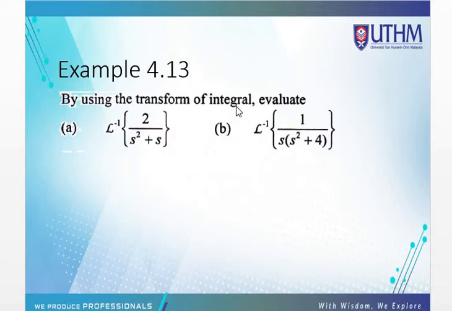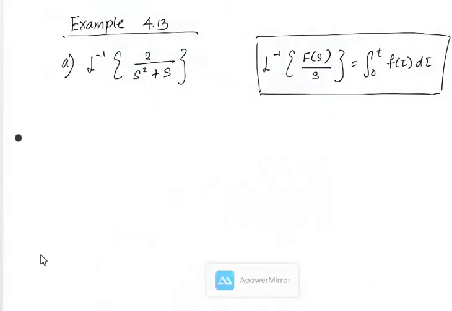By using the transform of integral, evaluate the inverse Laplace transform of 2 divided by s squared plus s. If you look at this question, we can actually factor out the denominator here.